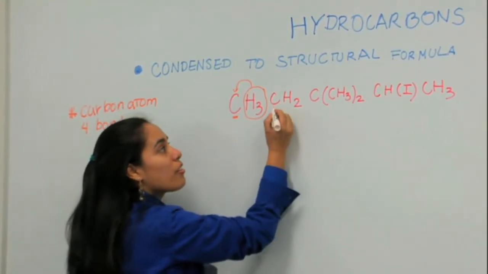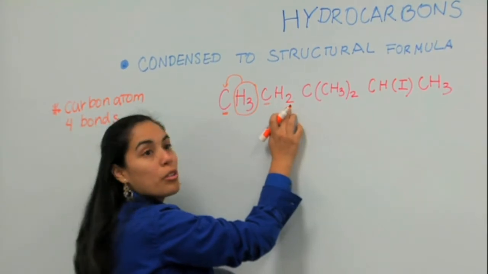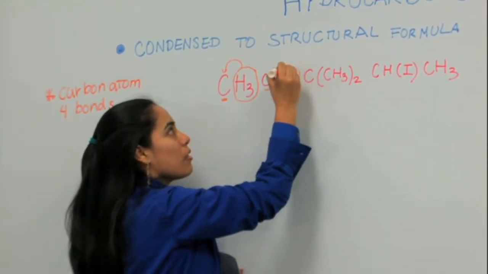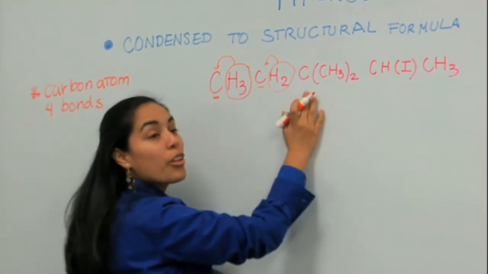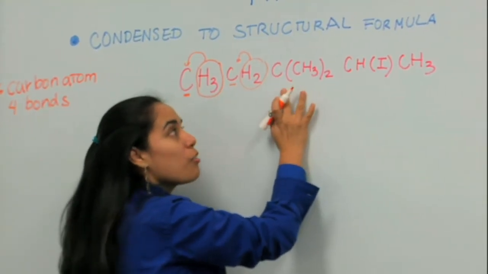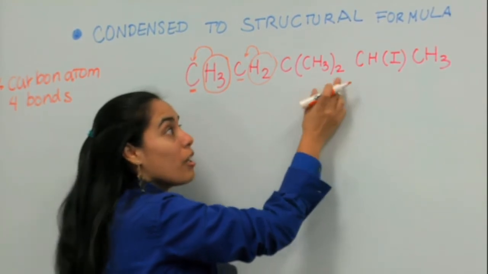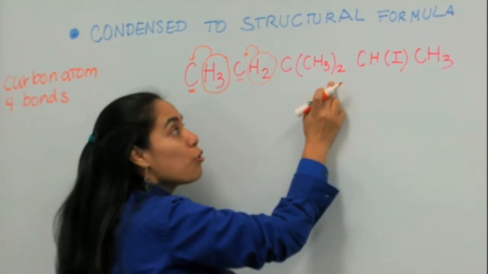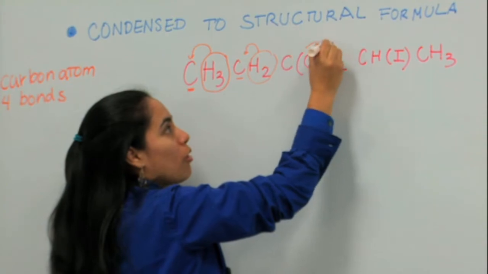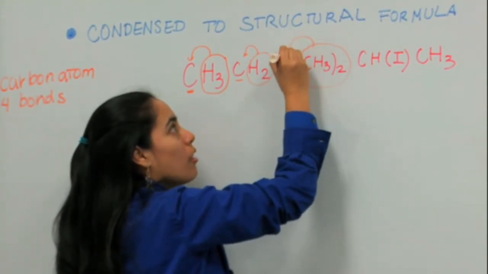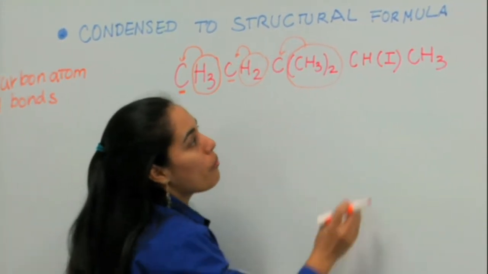Let's take a look at the next carbon. It is bonded to these 2 hydrogens. For this carbon here, it is bonded not to 2 hydrogens, but to 2 molecules of CH3. That's why this subscript indicates 2 CH3 molecules. So all this is being bonded to that carbon.